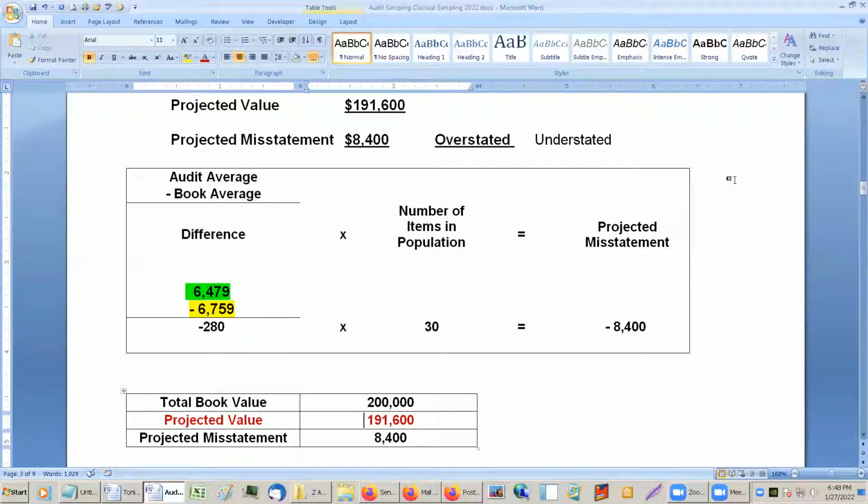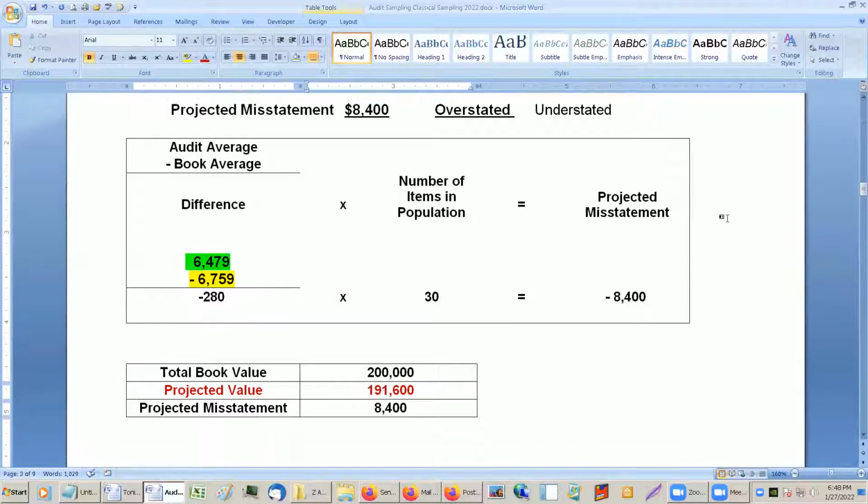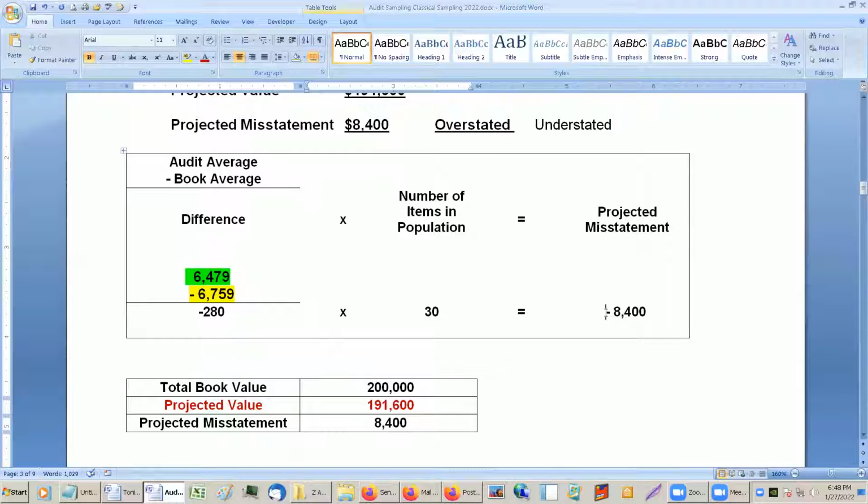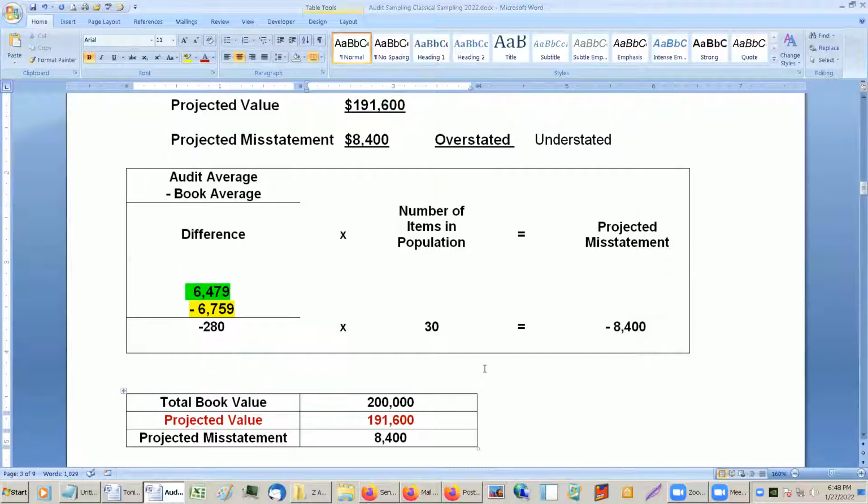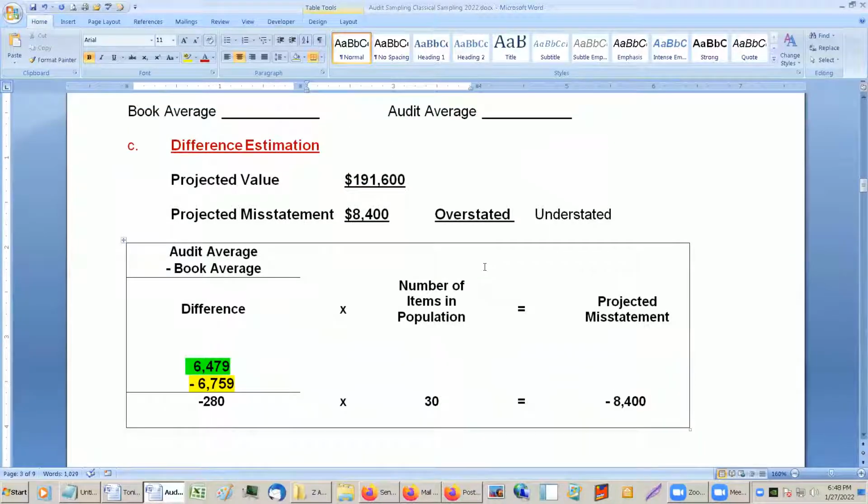Any question on that? So we're saying that each one of these items, you need to take 280 off of each item, and there's 30 items total. So you're going to take off a total of 8,400 off of the 200,000. So these all came out that they're overstated.